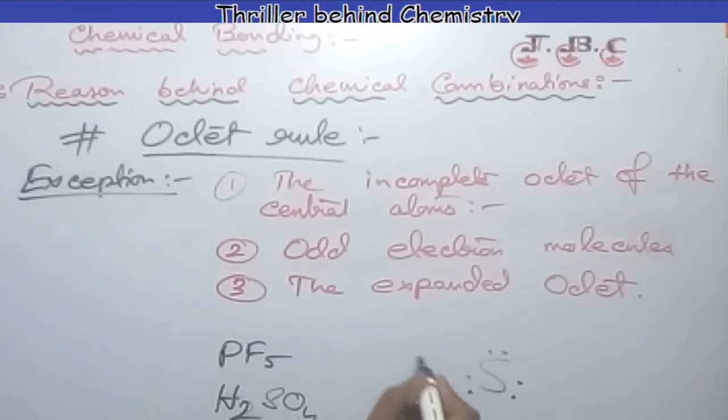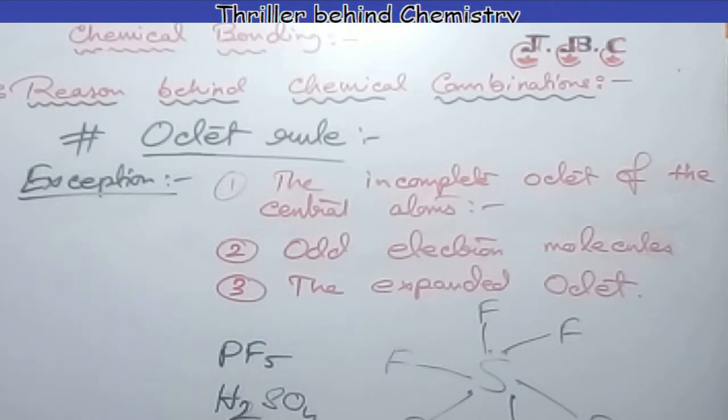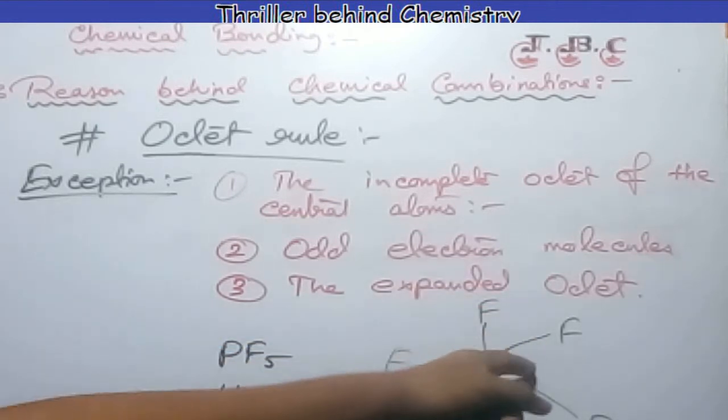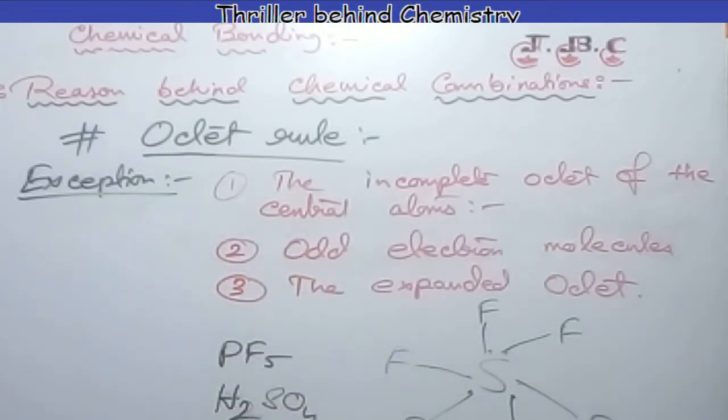So there are also 12 electrons around the sulfur atom. The octet rule does not apply here, but overall, sulfur does not show such exceptions in all its compounds.